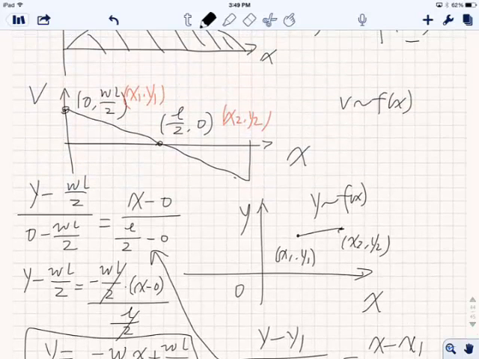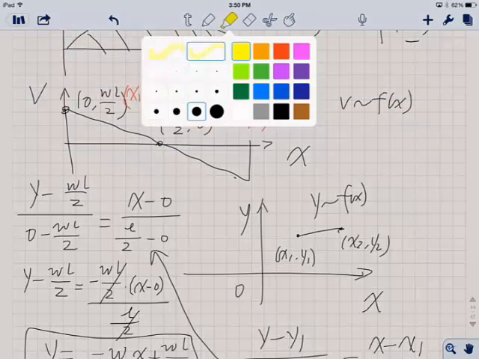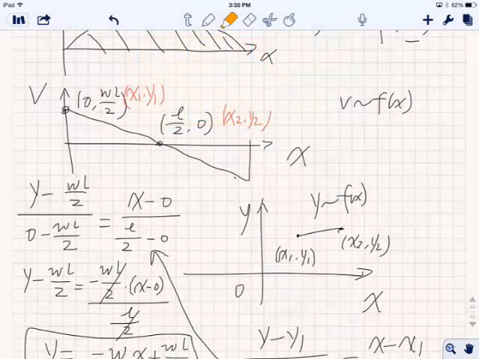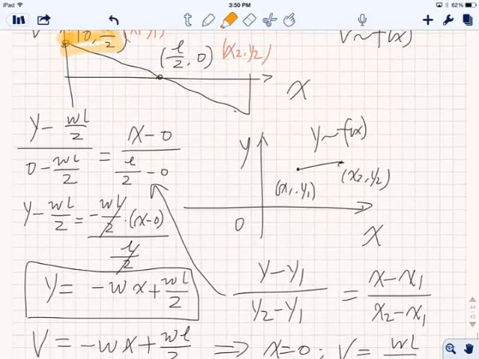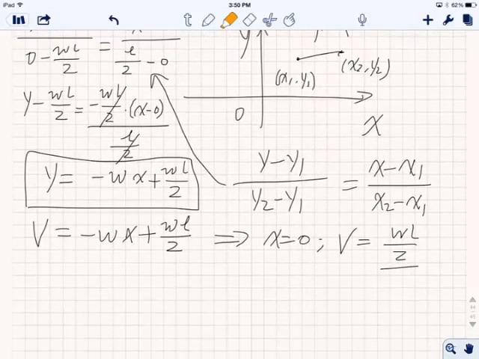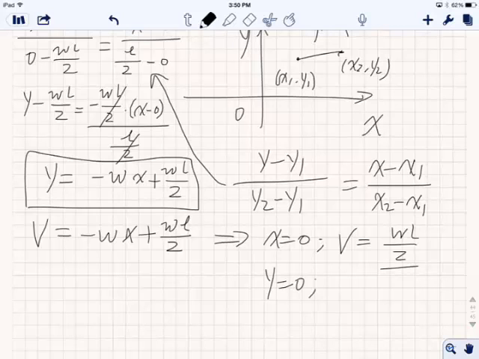Which is right, because this is exactly what this point is about. X is 0, WL divided by 2. Now what if you plug in y equal to 0? If y is 0, then x equals L divided by 2, right?